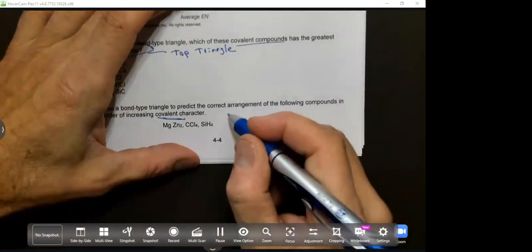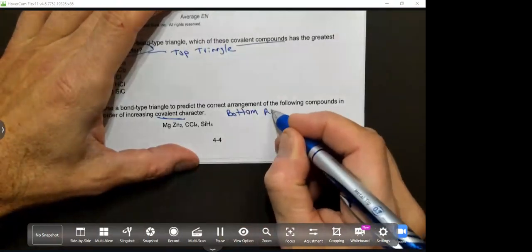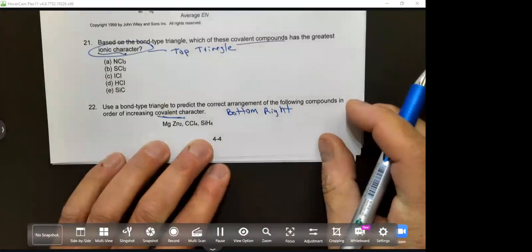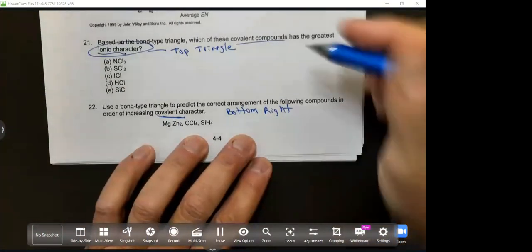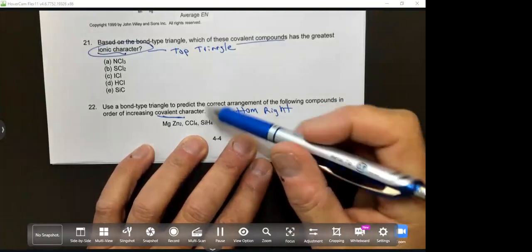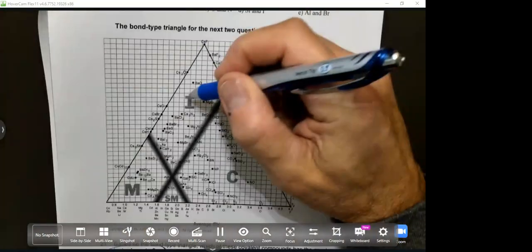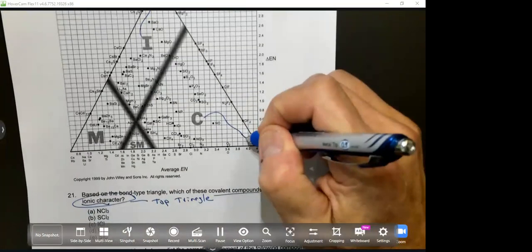Which one of these is closest to the bottom right of the triangle? Closest to the bottom right would be your greatest covalent character. Otherwise, the top is going to be the greatest ionic character.